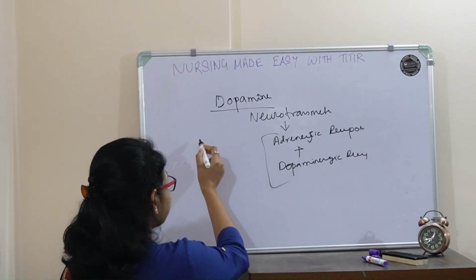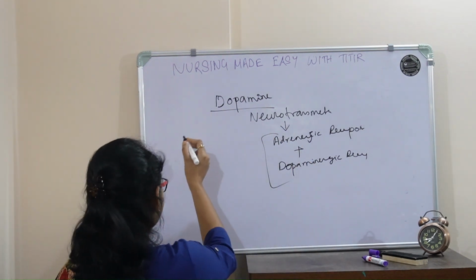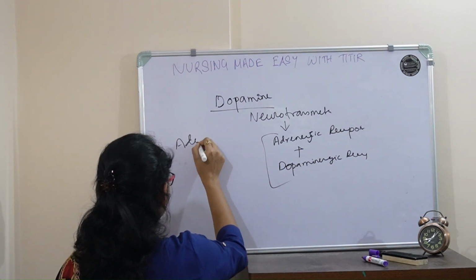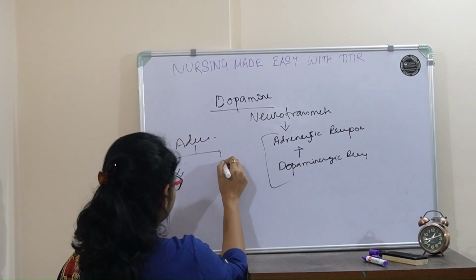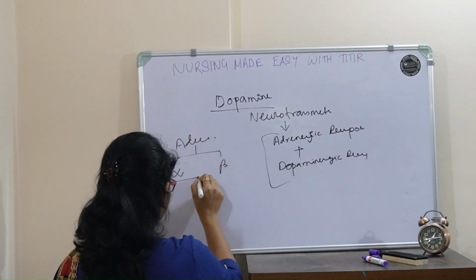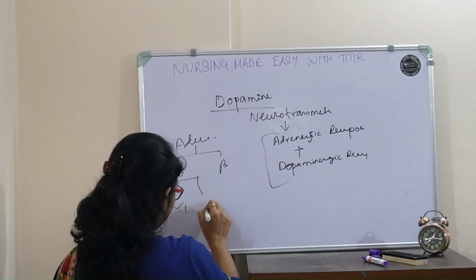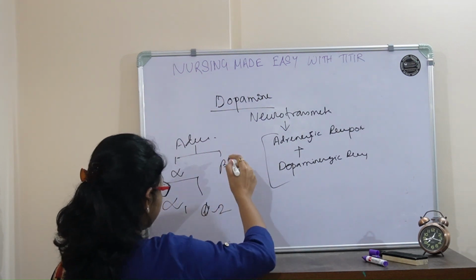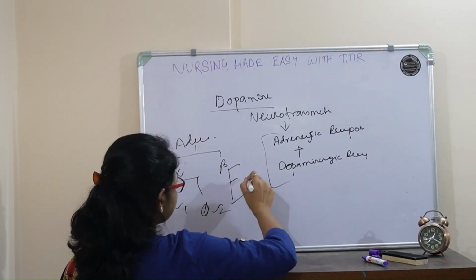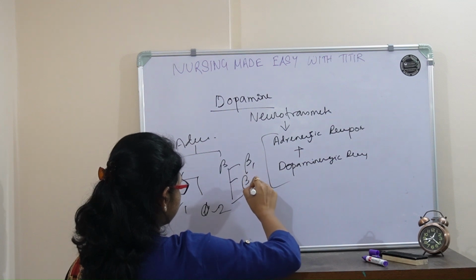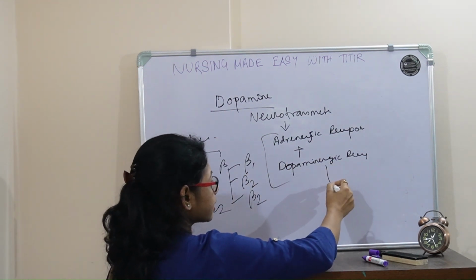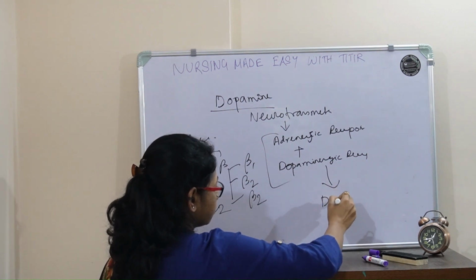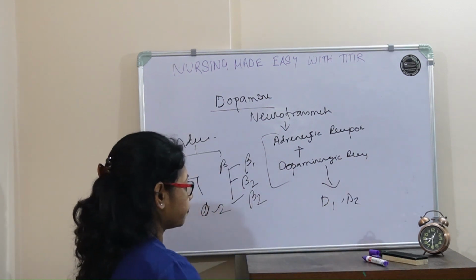In the adrenergic receptor, there is alpha 1 and alpha 2. In beta, there is beta 1, beta 2 and beta 3. And in the dopaminergic receptor, there is D1 and D2.